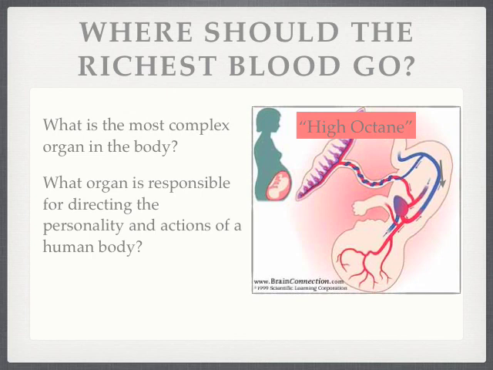So the question really is, how am I going to get the blood from the placenta to the brain as efficiently and effectively as I can, especially when I have to go through the venous system of the human body? Okay? How do I get the high octane stuff to the brain? And that's what much of the rest of this is going to explain.